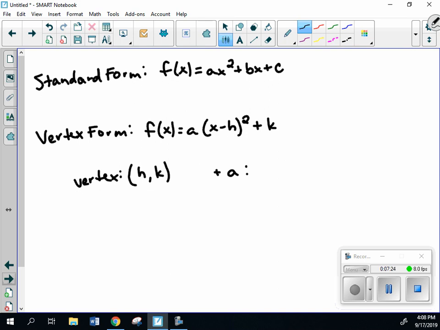If it's a positive a, our parabola will be up. If it's a negative a, our parabola will be down. And that, think about it, is in terms of the reflection over the x-axis, which we've talked about with transformations. So from this information, you guys will be asked to use it in order to solve or determine the vertex, the axis of symmetry, and that kind of information.